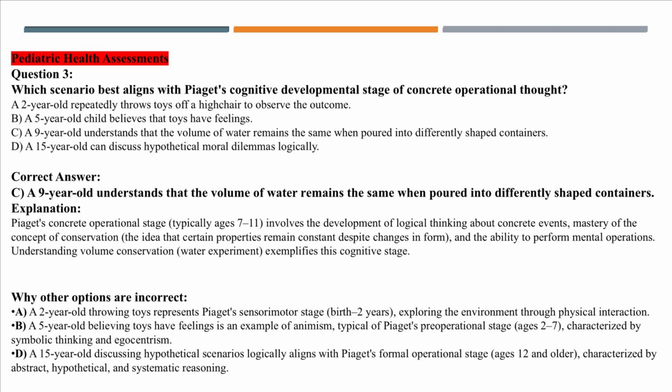A. A 2-year-old throwing toys represents Piaget's sensorimotor stage, birth to 2 years, exploring the environment through physical interaction. B. A 5-year-old believing toys have feelings is an example of animism, typical of Piaget's preoperational stage, ages 2 to 7, characterized by symbolic thinking and egocentrism. D. A 15-year-old discussing hypothetical scenarios logically aligns with Piaget's formal operational stage, ages 12 and older, characterized by abstract, hypothetical, and systematic reasoning.